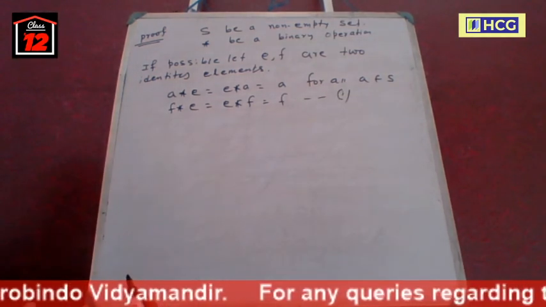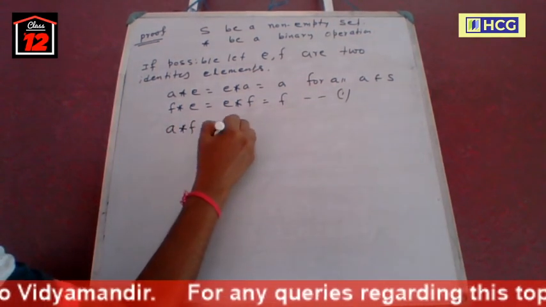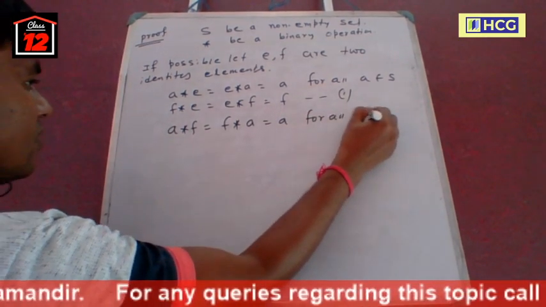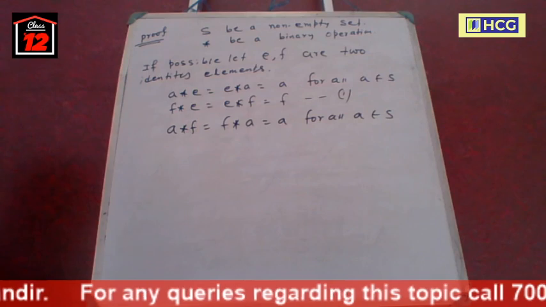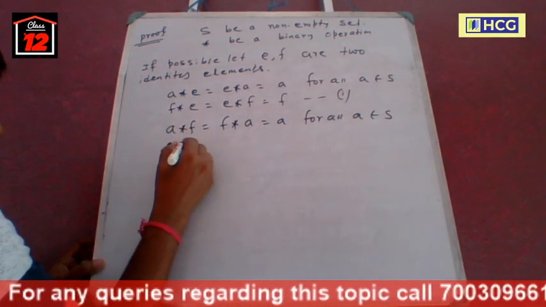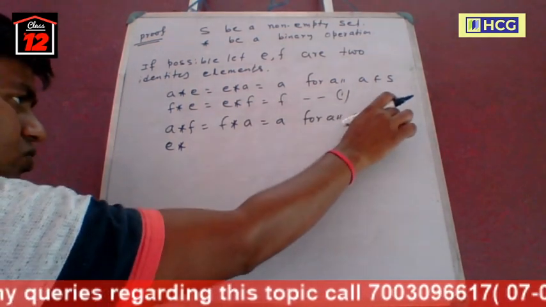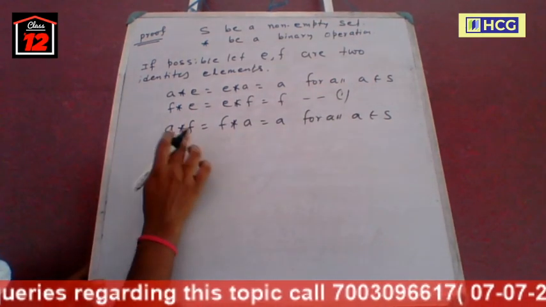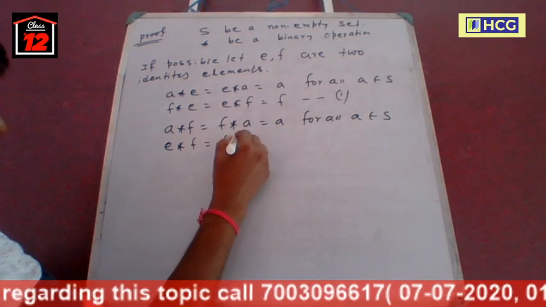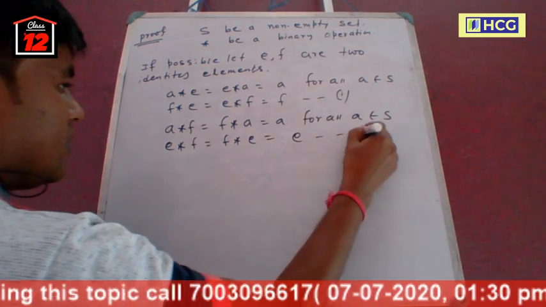Also, F is the identity element. So A star F equals F star A equals A for all A belongs to S. Now A replaced by E, which is an element of S, so this condition is satisfied for all A belongs to S. So E star F equals F star E equals E. This is number two.